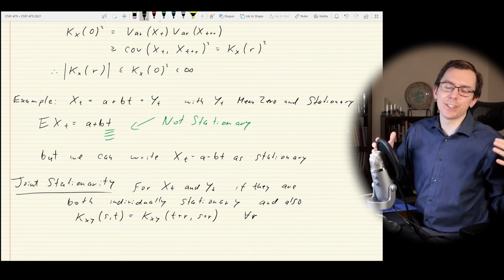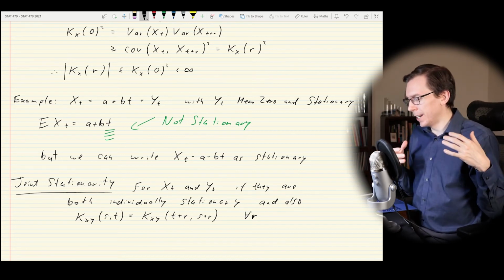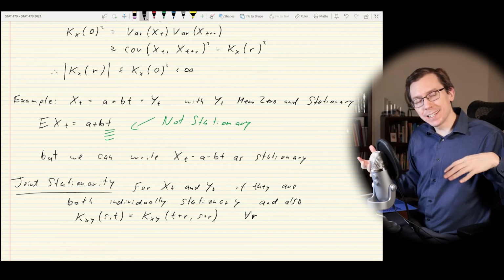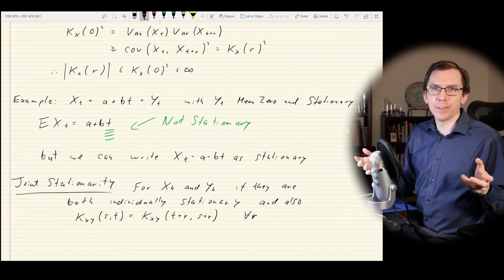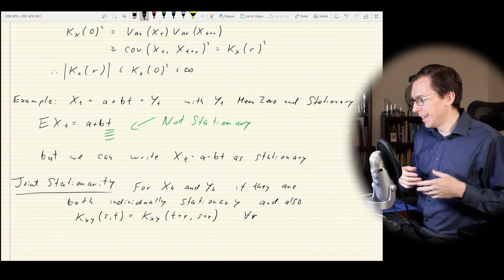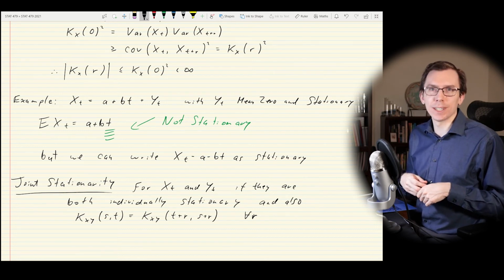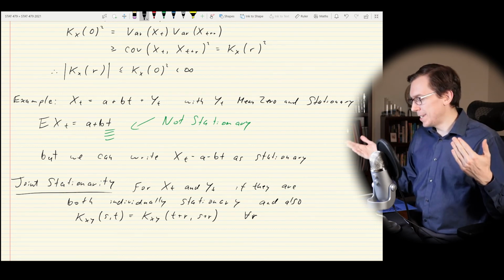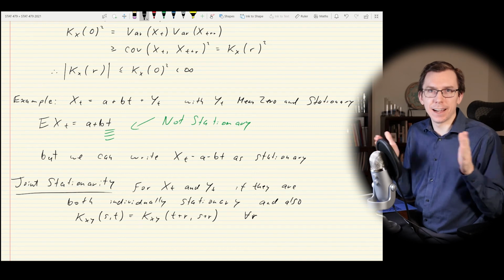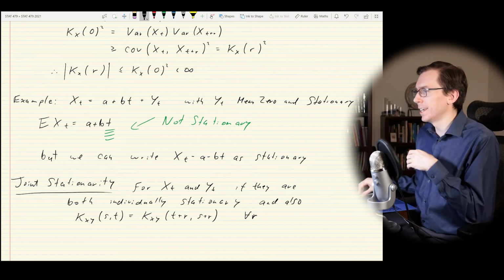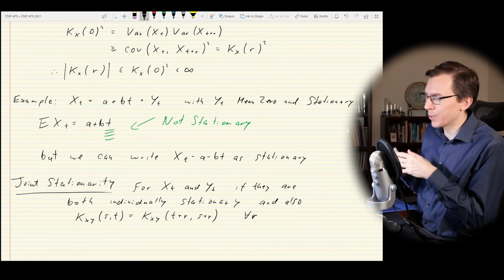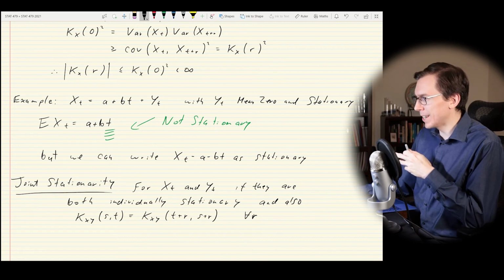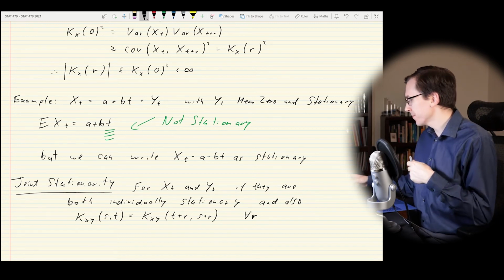This is just the extension of the definition of stationarity to joint stationarity for two time series holding together. All it's saying is that our cross correlation will similarly be invariant to time shifts. So there's nothing too much going on here except for more annoying notation than we had before.